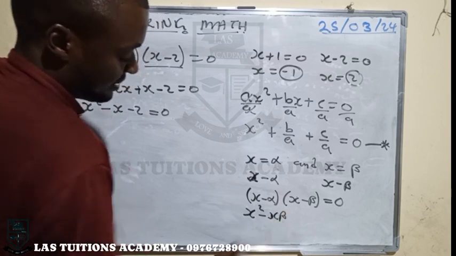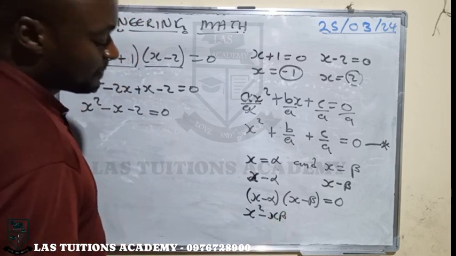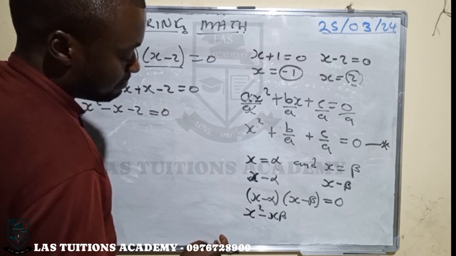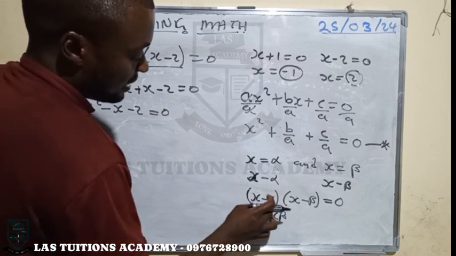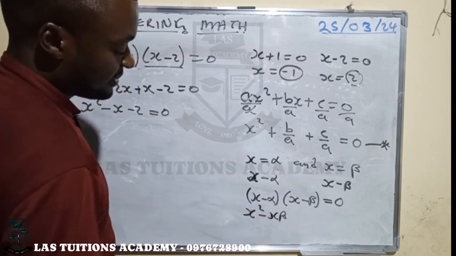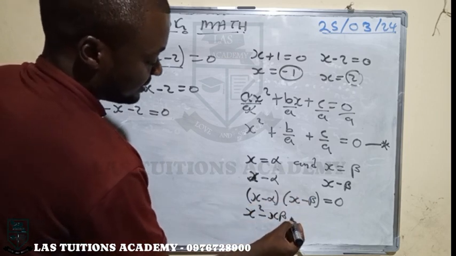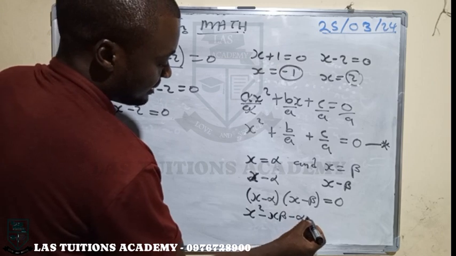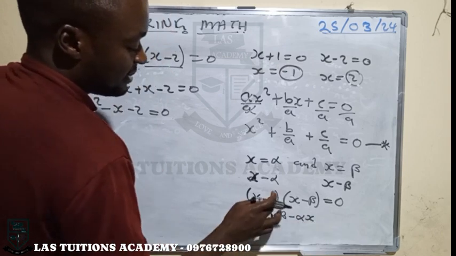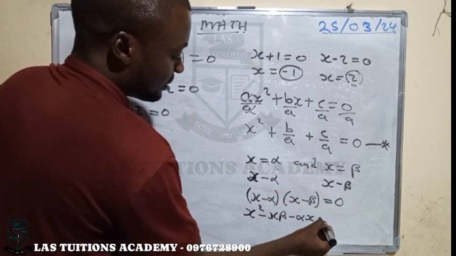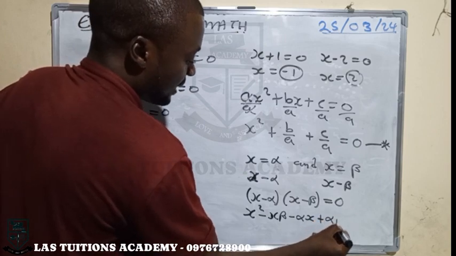Alpha times x, we are going to get negative alpha x. Then negative alpha times negative beta, we are going to get positive alpha beta is equal to 0.